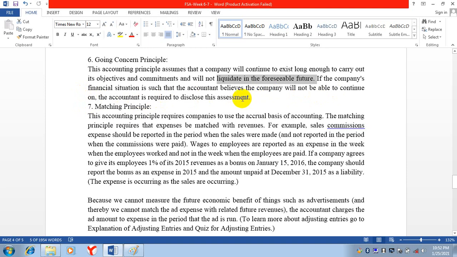Sometimes, in the life of a business, there is a time when the accountant thinks that the business will not survive, so he will disclose in the footnotes that there is very little possibility that the business will continue. So the going concern principle, in short, means whenever you start a business, the aim is that it will continue for a long period of time.